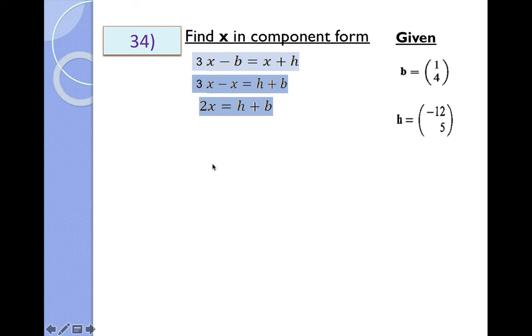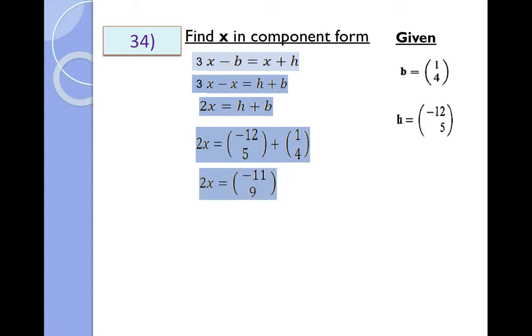Now substitute vector h and vector b and add the components: negative 12 plus 1 you will get negative 11, and 5 plus 4 you will get 9. Now this is 2x, right?